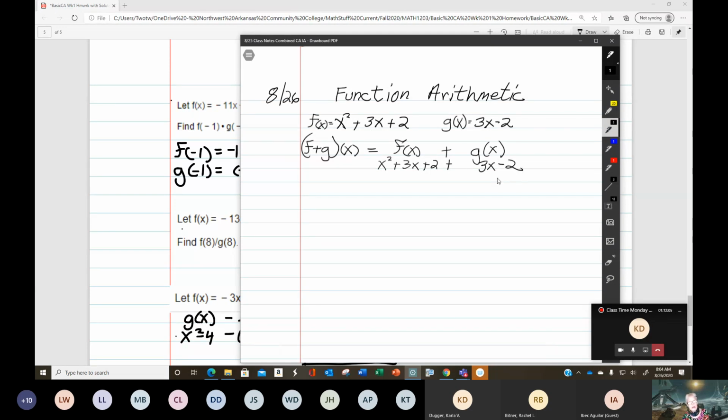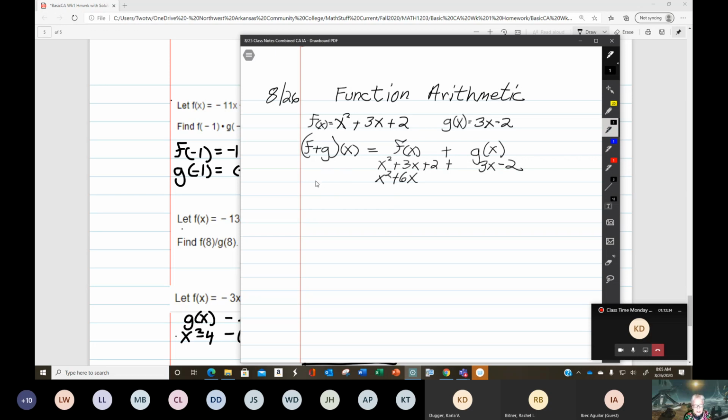And as you know, in addition, what you do is you combine like terms. So x squared is standing by itself. There is no other x squared term, but I have 3x and I'm adding another 3x, so that'll be plus 6x. And I've got 2 minus 2, which is 0.